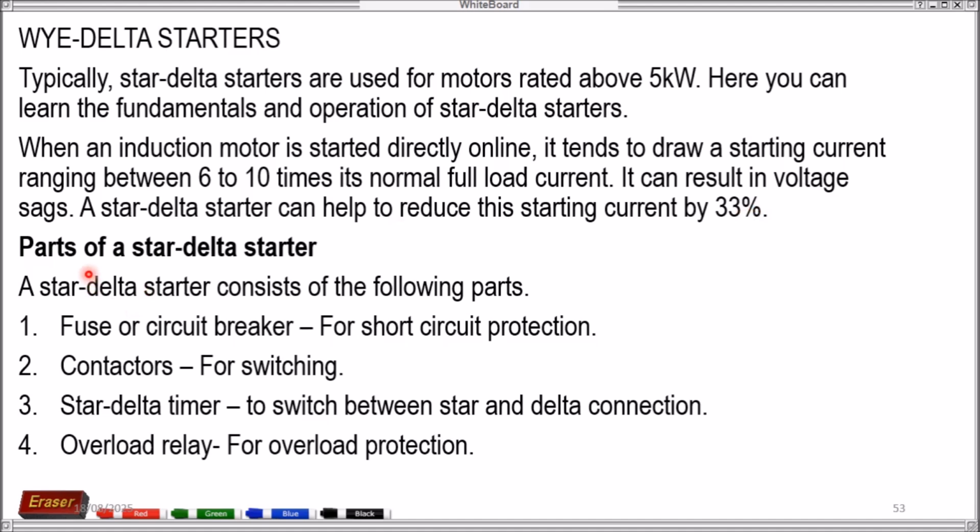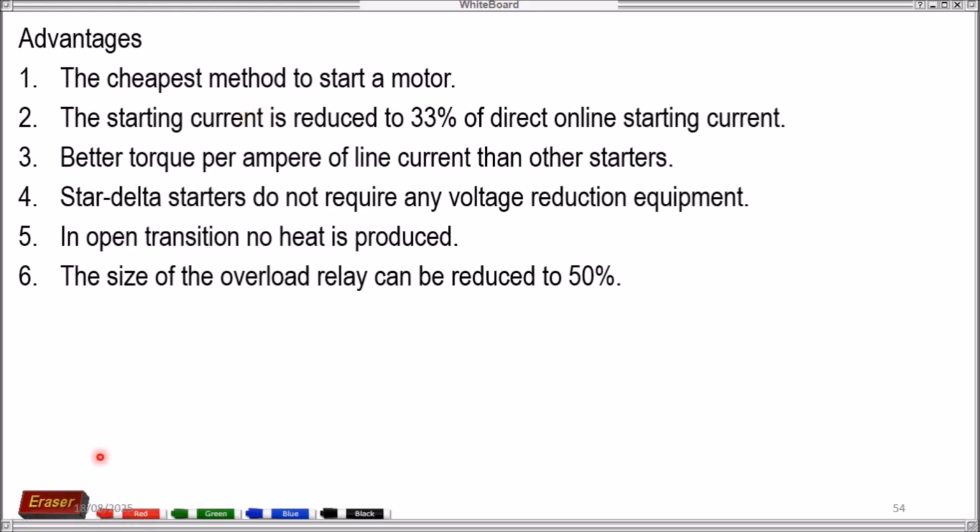The parts of the Y delta starter: we have the fuse or circuit breaker for short circuit protection, the contactors for switching, the timer relay with the delta timer to switch between Y or star and delta connection, and the overload relay for the overload protection of our motor. So yan po ang kanyang components.